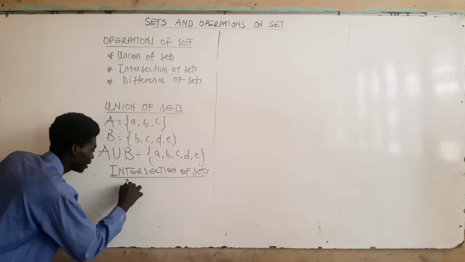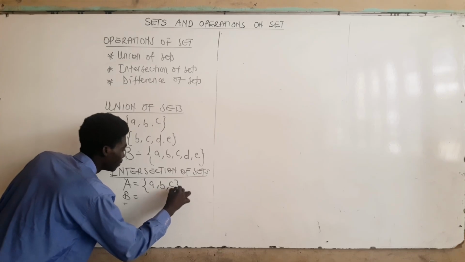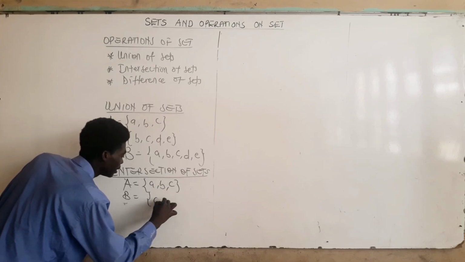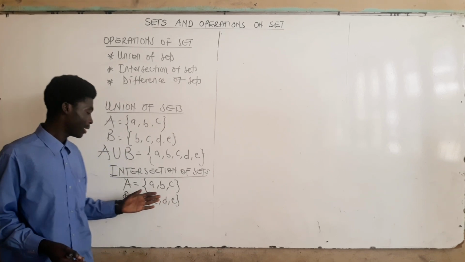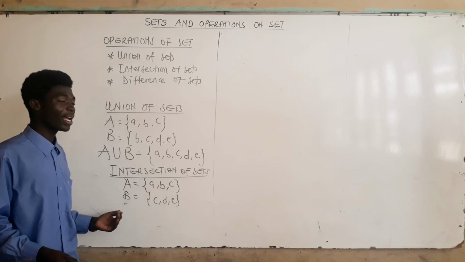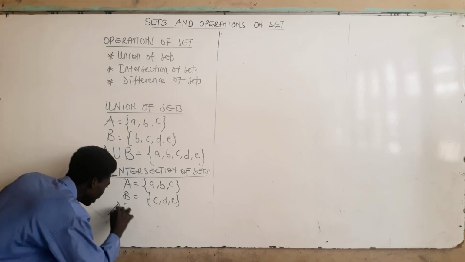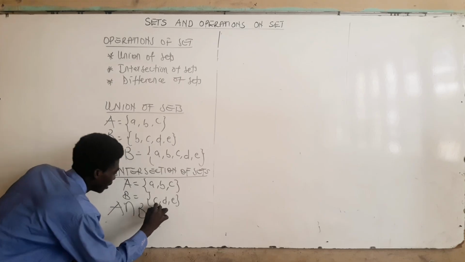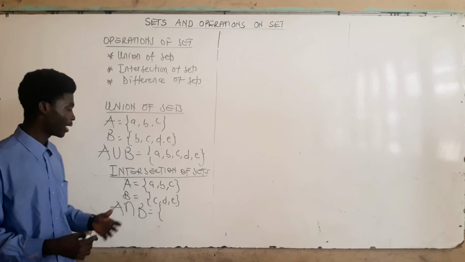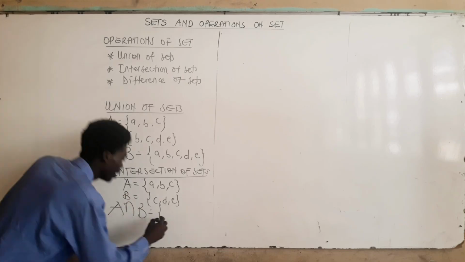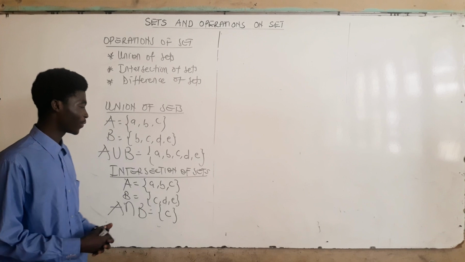Let's say we have set A and set B. Set A contains A, B, and C, and set B contains C, D, and E. So intersection of sets is saying the elements that can be found in A and at the same time can be found in B. And it is usually represented as A intersection B. From these elements here, which element is common to both A and B? Of course, it's C. So A intersection B is equal to C. And that is the intersection of sets.